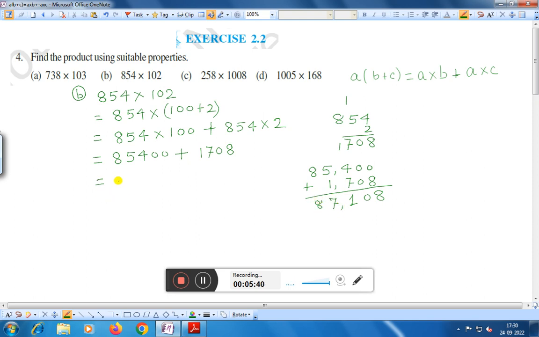Therefore the answer is 87,108. This is the answer or solution of question number B.